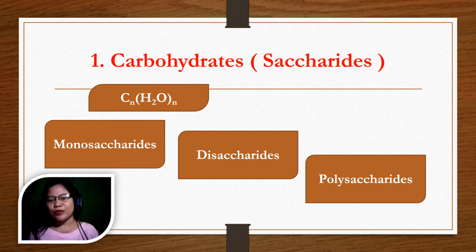So there is a need for this food to be converted into a simpler substance so that our body can use it. And the excess carbohydrates that are not needed by the body will be converted to glycogen that is stored in the liver or in the muscles.